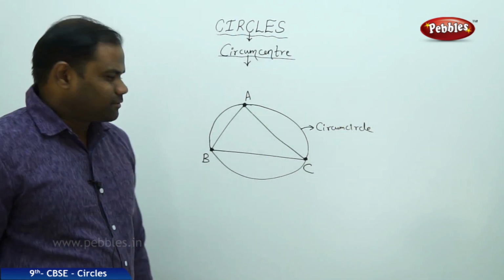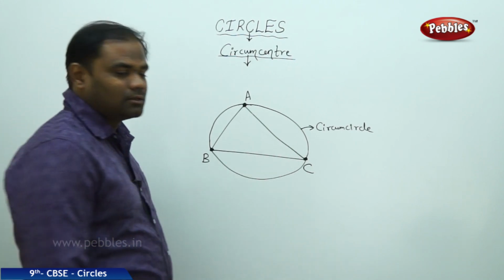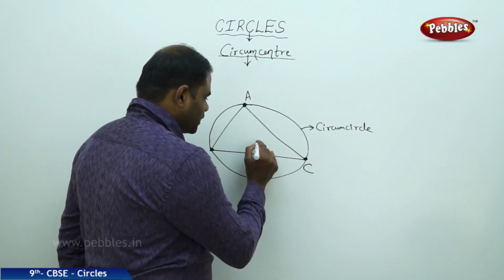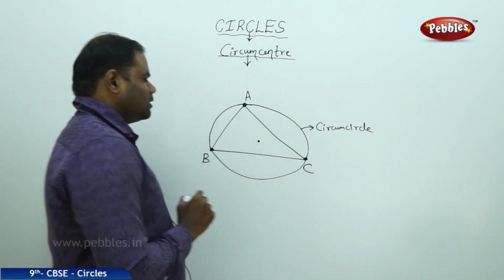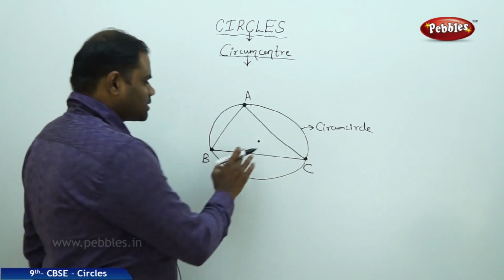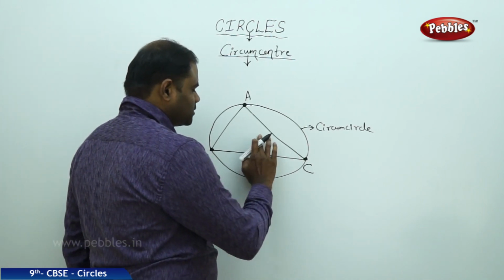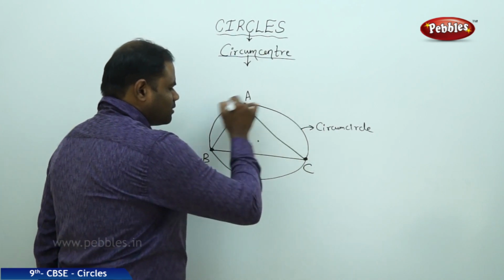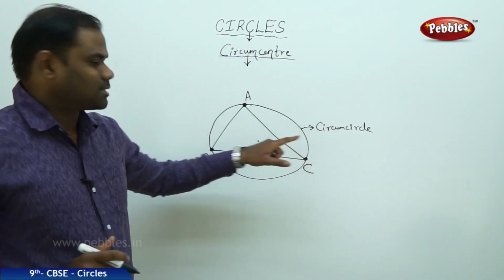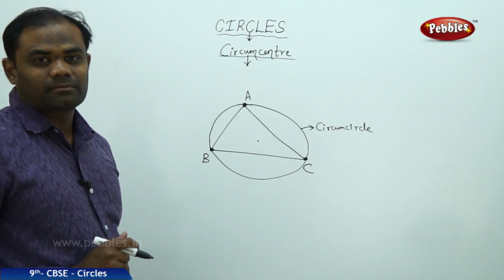Now clearly we identify the center of this circle as somewhere in this region of the triangle. The center of this circle, which is in the triangle at some region, is called the circumcenter, because this center of the circumcircle is connected with the triangle at this point.